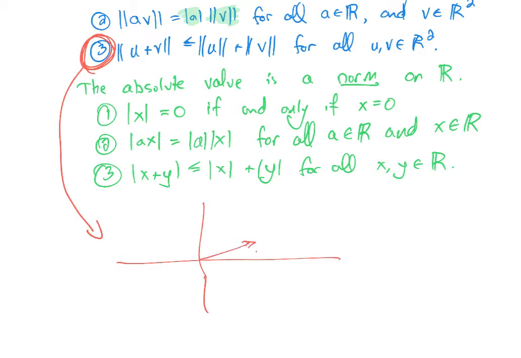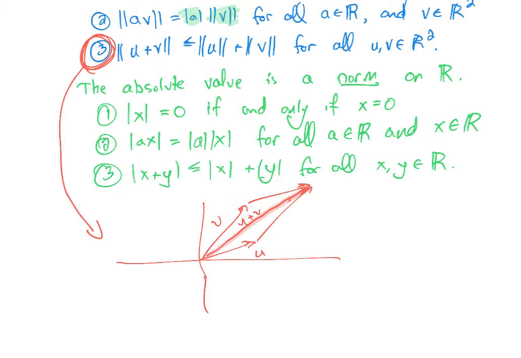If we have a vector u and a vector v, we take their sum, that's that vector. And the triangle inequality is saying that the length of the long side, well, it's the long side in this example, is at most the sum of the lengths of the other two sides. That's true in any triangle.